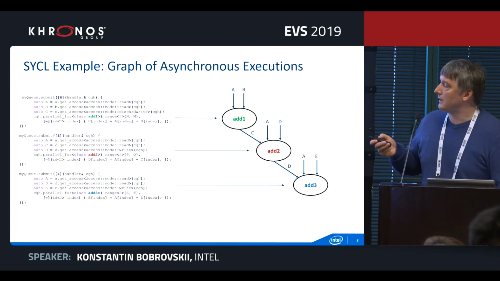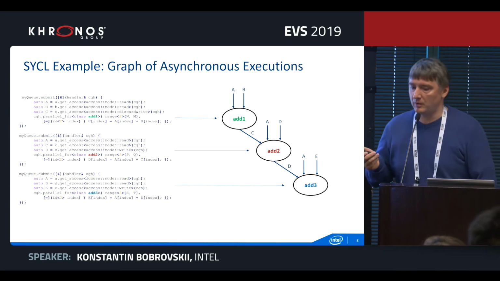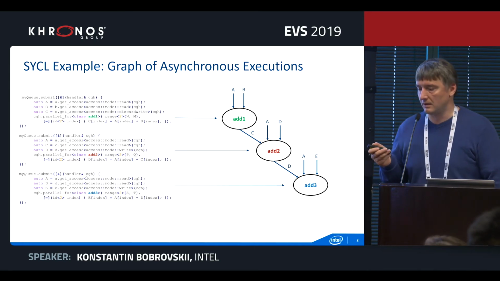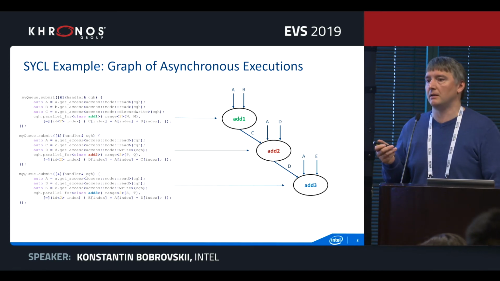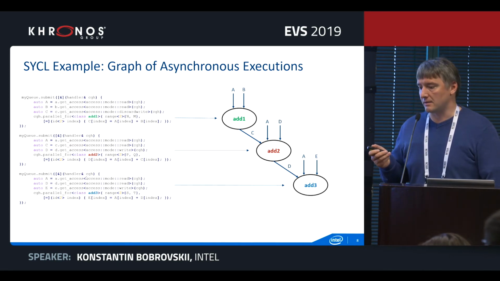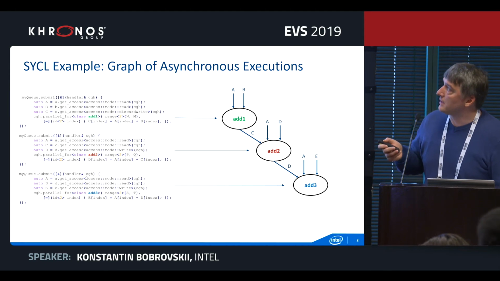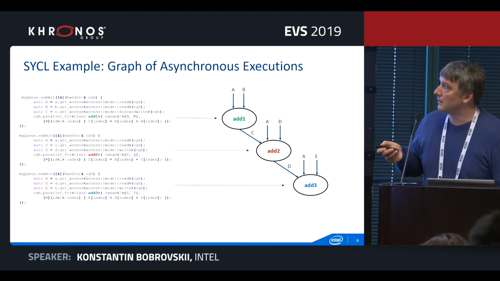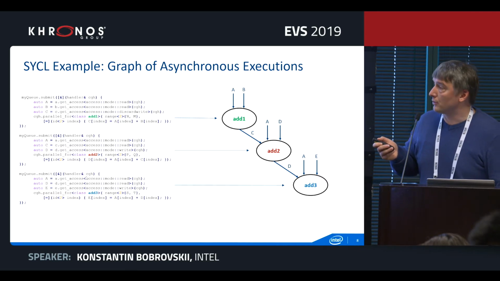Now, I already mentioned another difference between SYCL and OpenCL is that the SYCL Runtime is able to automatically detect dependencies. On this slide, you can see 3 kernels submitted into the same queue. But the kernels actually have dependencies.